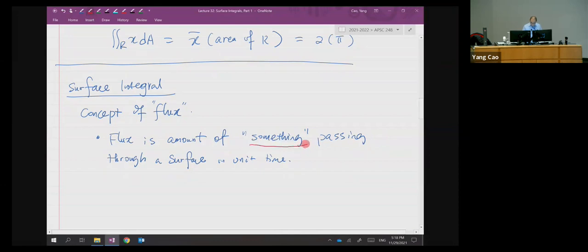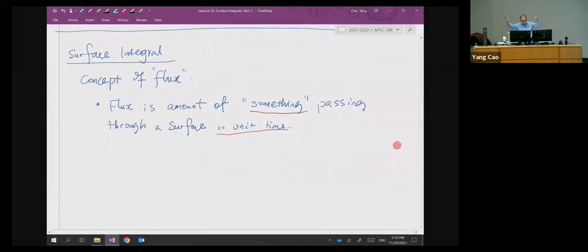Amount of something, we didn't say what the something is. So the something could be anything passing through a surface in unit time. Okay. So the something could be electric field, could be magnetic field, or could be even bananas or fruits, whatever, right? So that's a more generic something. Okay. Passing through a surface, I'm going to show you a graph, in unit amount of time.